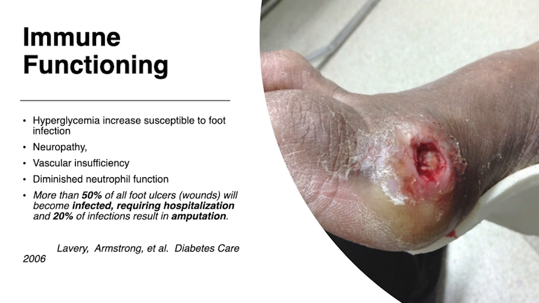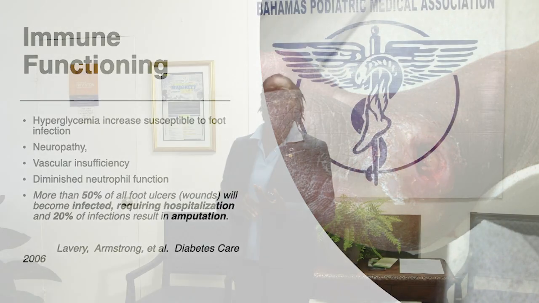So we know that diabetes is a challenge because of the persistent high blood sugar. And once you have high blood sugar, that impacts all parts of the body, including the immune system, which is responsible for dealing with infections. Once you have high blood sugar for a long period of time, you have neuropathy, which can alter the shape of the foot and the feeling in the foot.